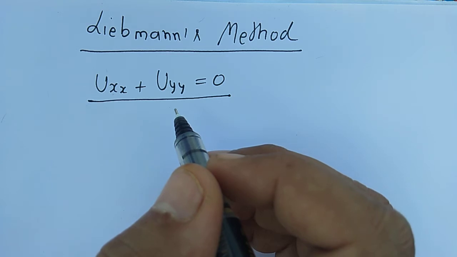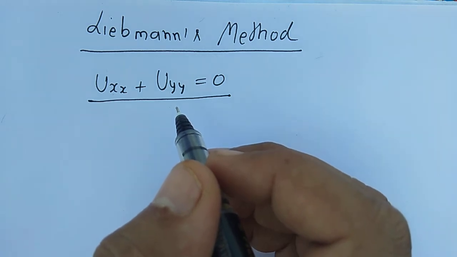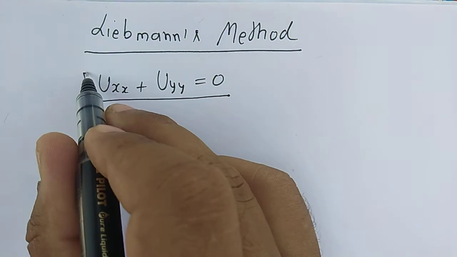I have explained how to get the standard 5-point formula or diagonal 5-point formula from the Laplace equation.